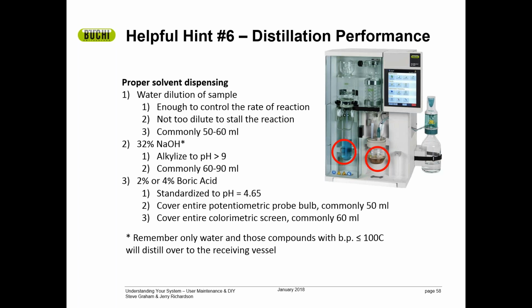If you're running colorimetric analysis, again, you need to make sure that the bottom of the probe is not touching the bottom of the receiving vessel and that it's covered for the entire length of the screen. This is commonly a little bit more, about 60 mils of boric acid is needed for that. Remember that only water and those compounds with boiling points of less than 100 degrees C will come over into the receiving vessel.